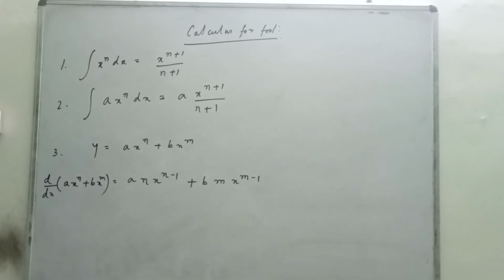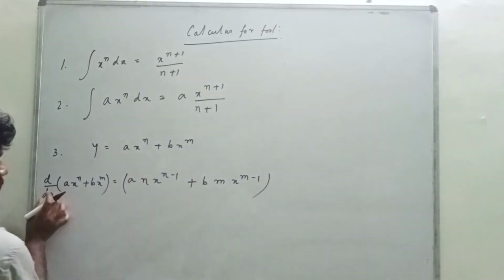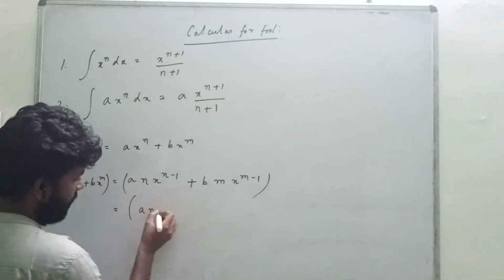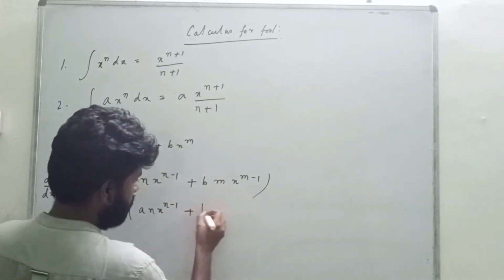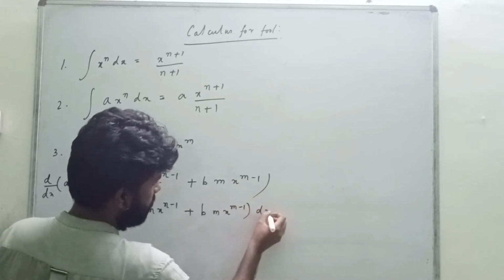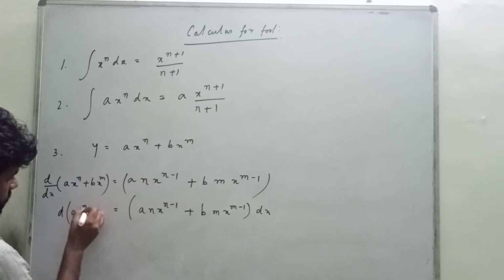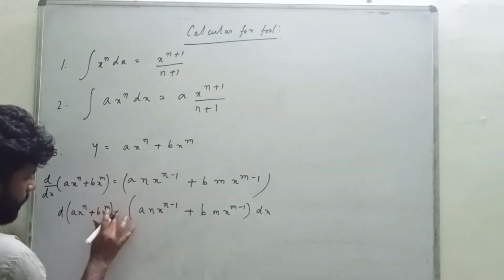Obviously, if you cross multiply, a n x power n minus 1 plus b m x power m minus 1 dx is d of a x power n plus b x power m.